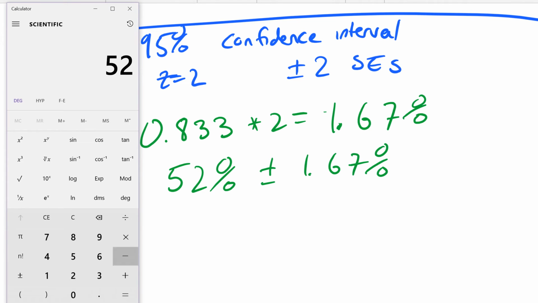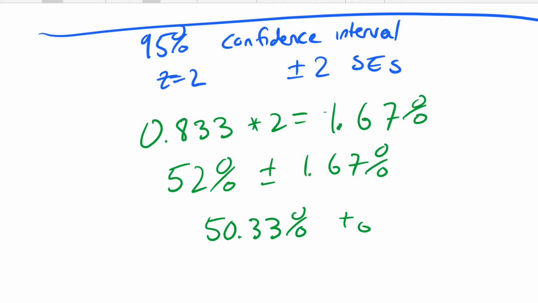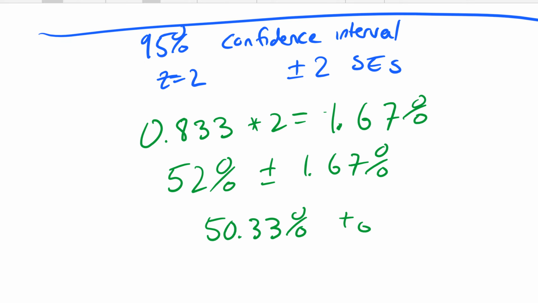So we take 52 minus 1.67 and get 50.33%. And we take 52 plus 1.67 and get 53.67%.